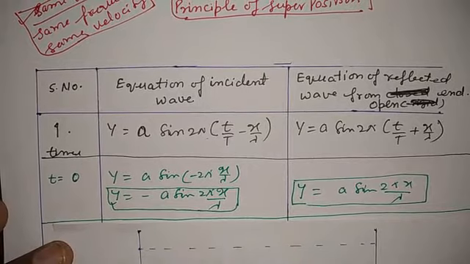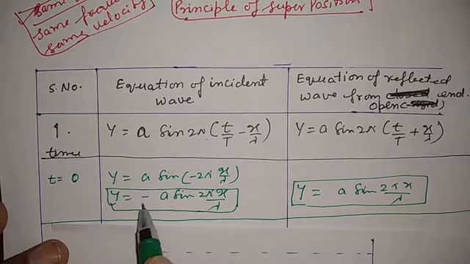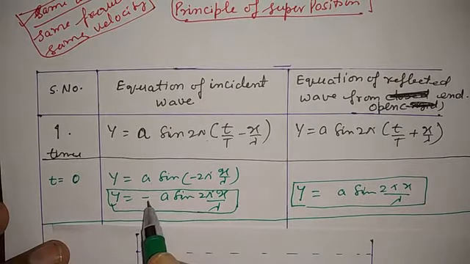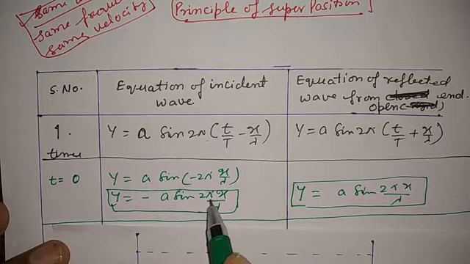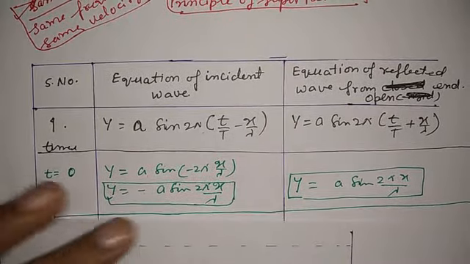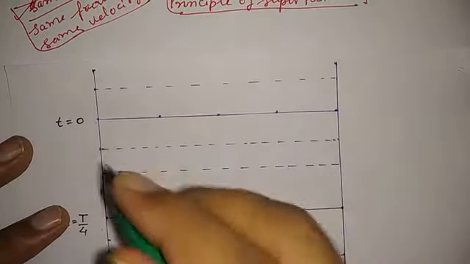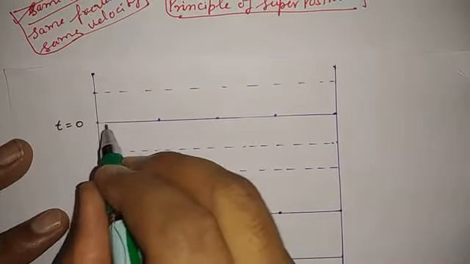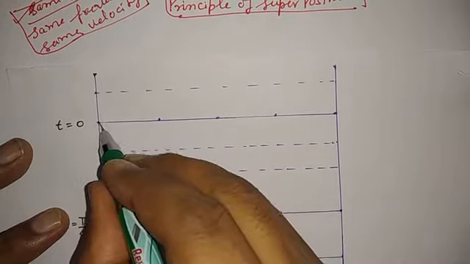Now see this equation on the graph. y for the incident wave is minus a sine 2 pi x by lambda. Minus means downward, and it is from the beginning. When we plot this, we obtain the scenario in this way.